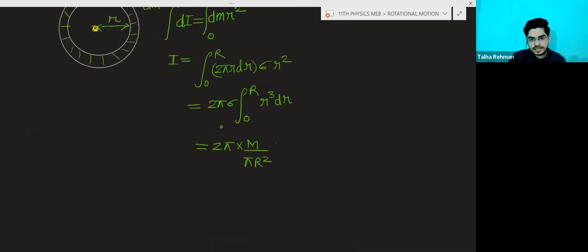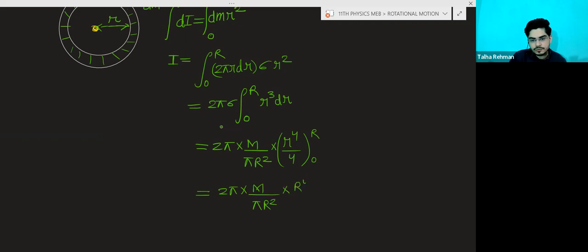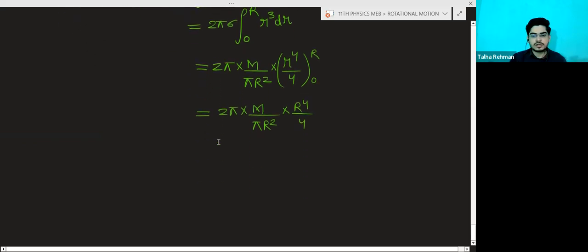And when you do the integration, you will get r to the power 4 by 4, and you will apply the limits from 0 to r. Okay, so it will be 2 pi into m divided by pi r square, and when you put the limit, you will get r to the power 4 by 4, upper limit minus lower limit.